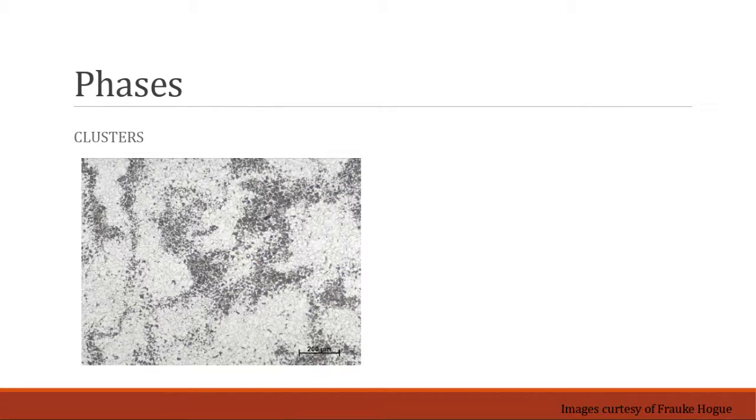Since we're talking steel in this case, you have areas that are rich in pearlite, which are your darker phases, and then you have regions that are rich in ferrite. That's a chemical segregation. It could be a solidification artifact of how these materials solidified.